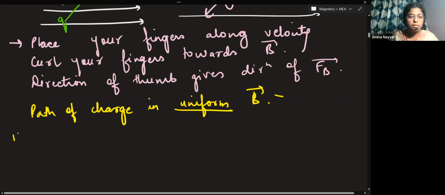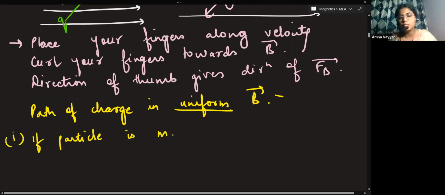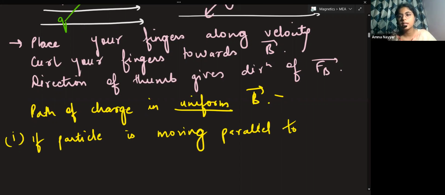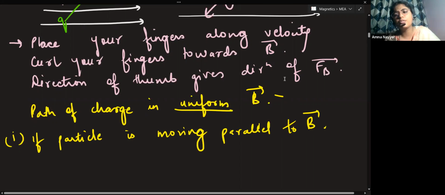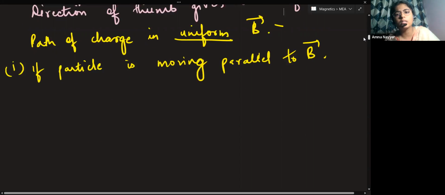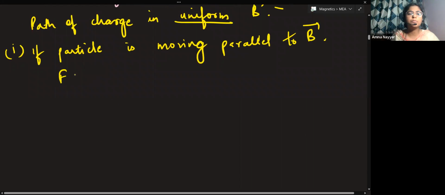Case 1 occurs if the charged particle is moving parallel to the magnetic field. From the magnetic Lorentz force, F was QVB sine theta.